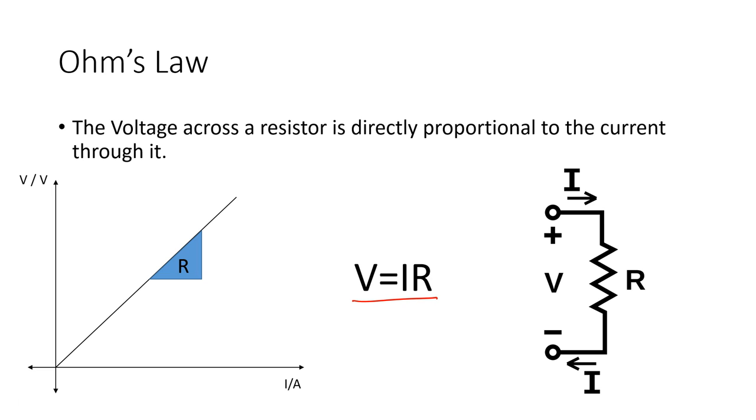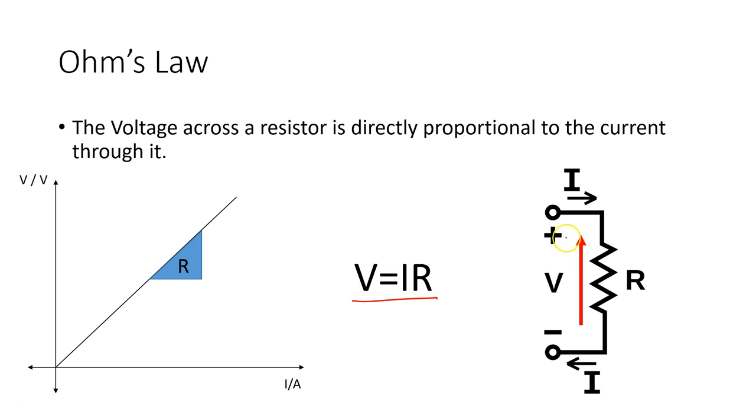Now what this means when we draw this on a diagram like we have here on the right hand side is that if we have a resistor, then the current going through it creates a voltage drop in this direction. So the voltage arrow is in the opposite direction to the current.